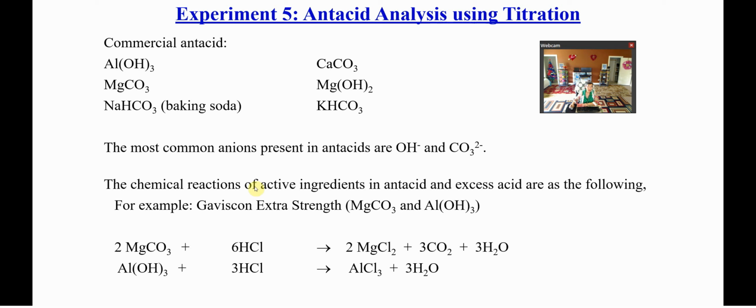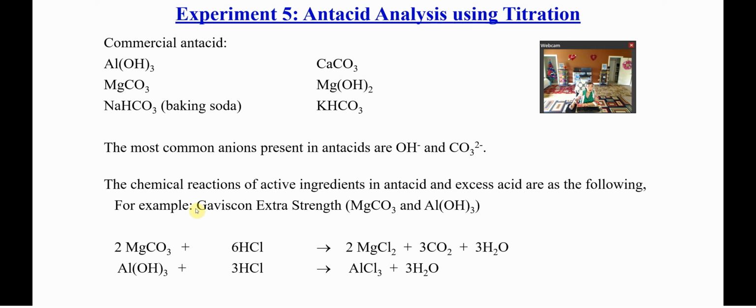For the chemical reactions of active ingredients in the antacid, you must make the active components in the antacid react with the acid. In our case, we are going to use hydrochloric acid.